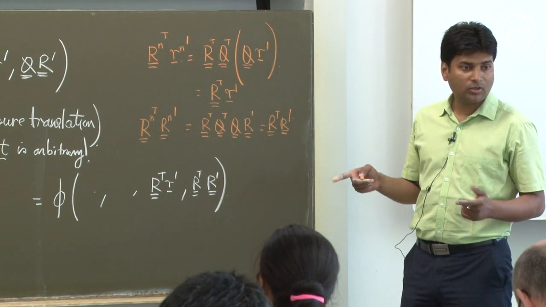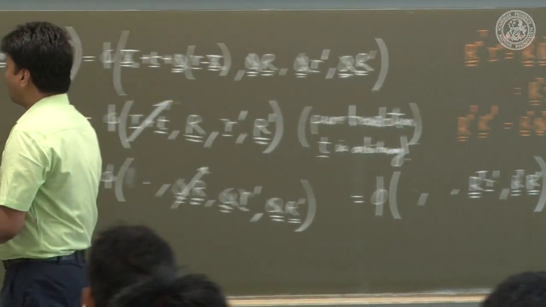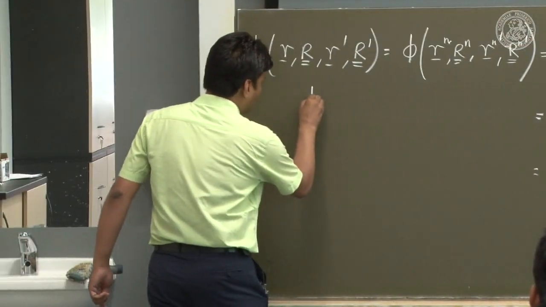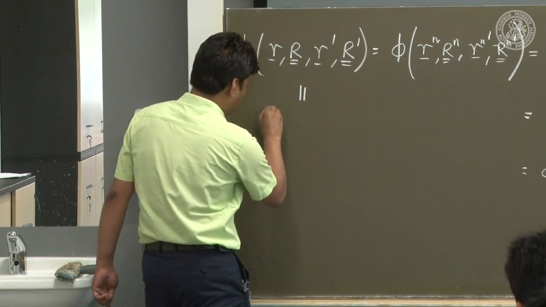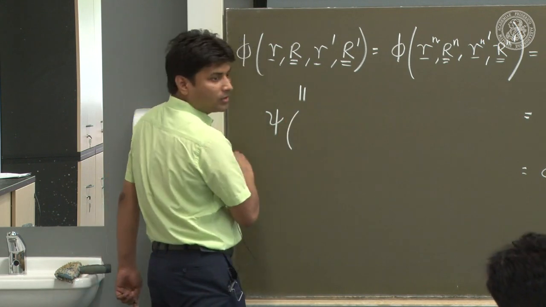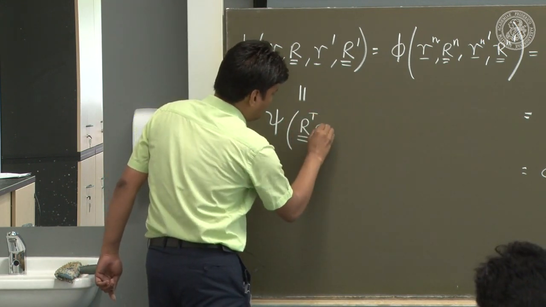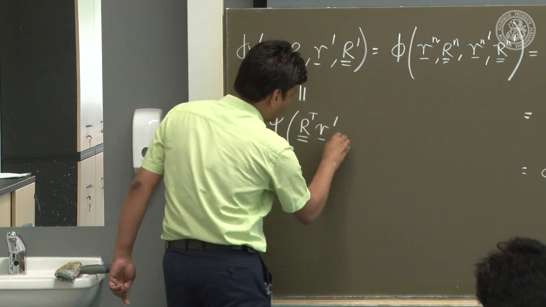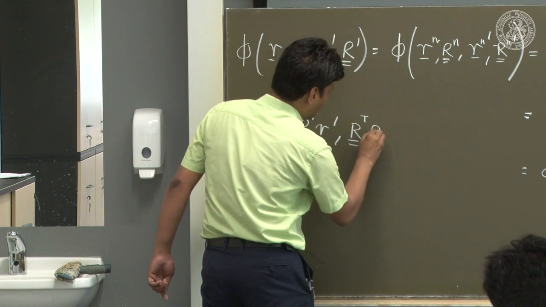So, as a result of this frame indifference, what you have found out is that this phi would be same as some other function psi of big R transpose little r prime comma big R transpose big R prime.